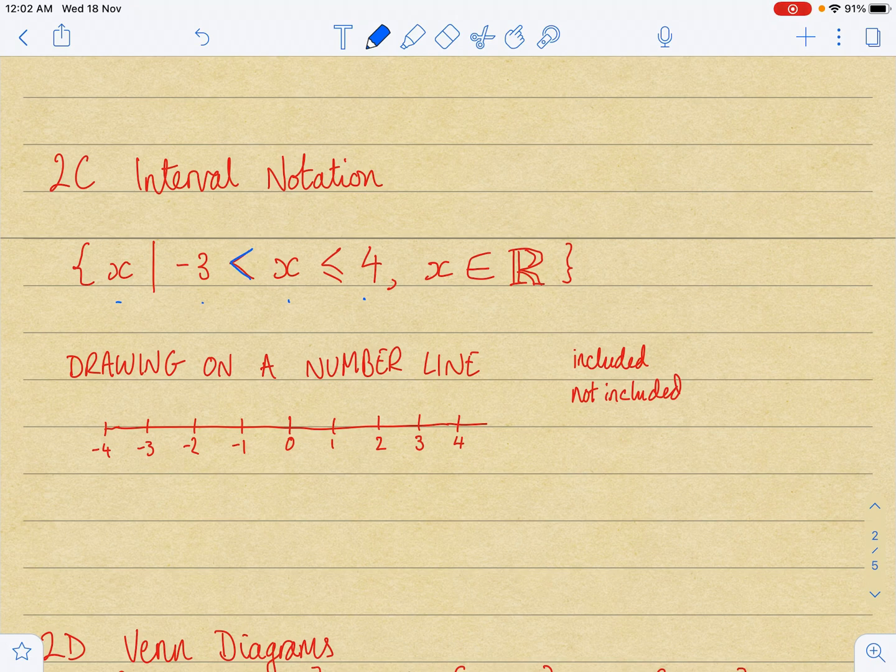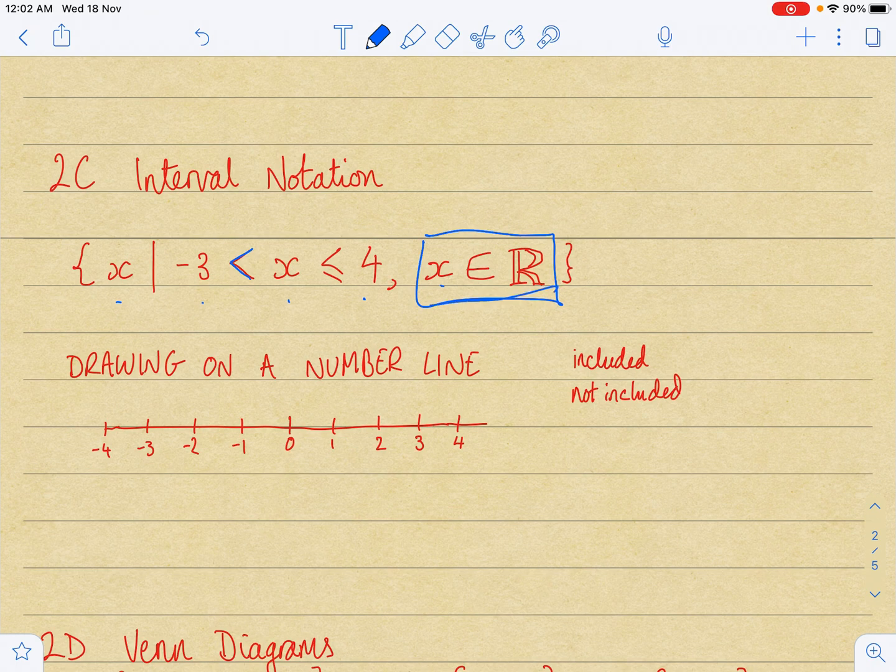Basically, that means x is between -3 and 4, but it cannot equal -3, it can equal 4. And then we've got x is an element of R, so x is a real number. Sometimes you won't even see this written because it's kind of a given that it will be there.